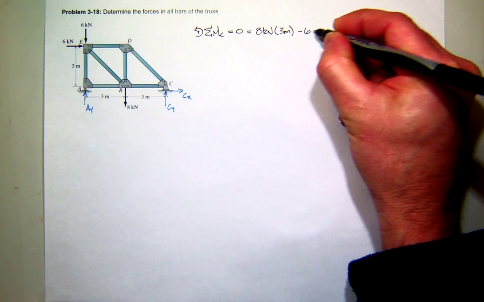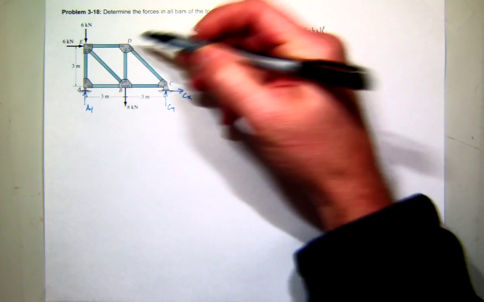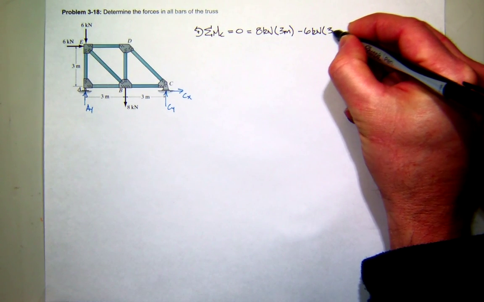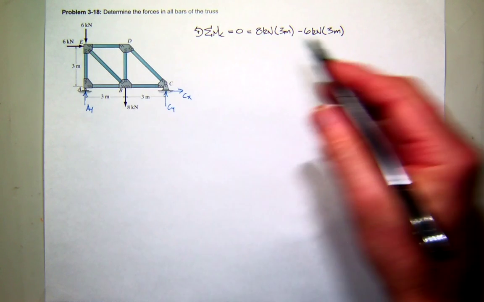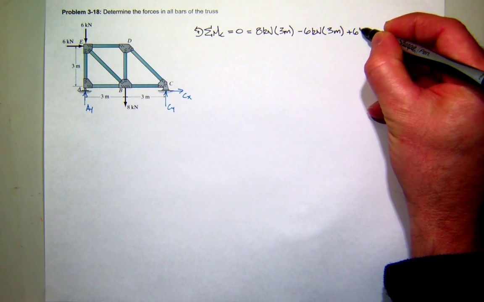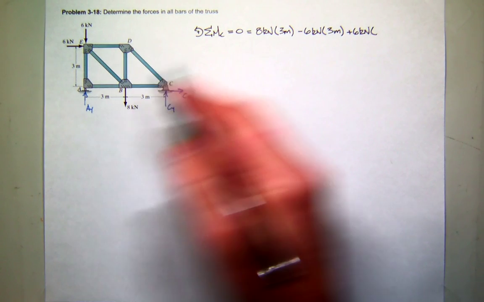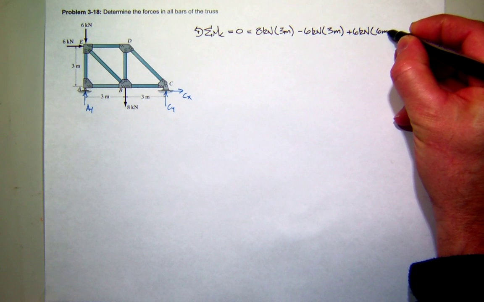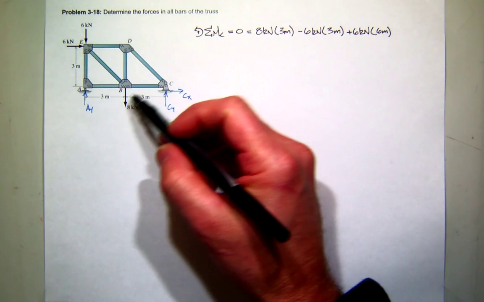Negative. So that's 6 kilonewtons, and it's going to have a moment arm of also 3 meters. And then finally, this 6 kilonewton force acting down is going to be positive or negative? Positive. And it'll have a moment arm of, looks like 6 meters. Does that look good so far?